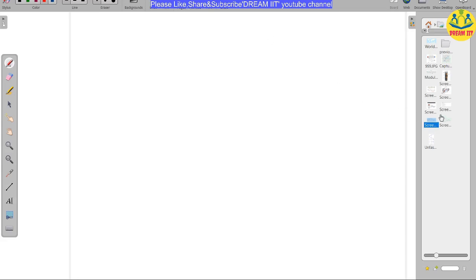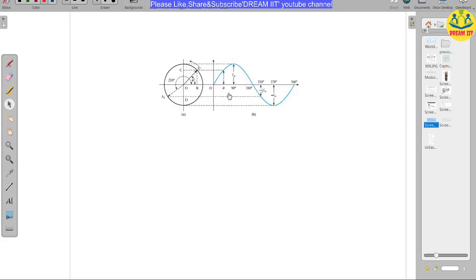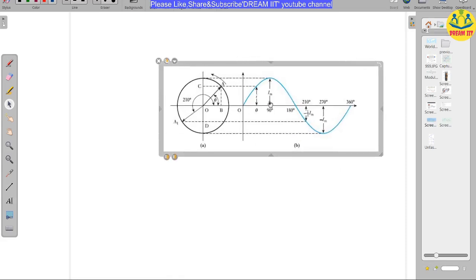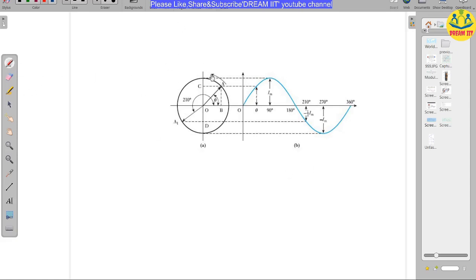The next page I will show. See this. As you have seen in the animation, this vector is continuously rotating. Whenever you project the tip of this vector, the tip of the vector is projected here, and this is projected here.